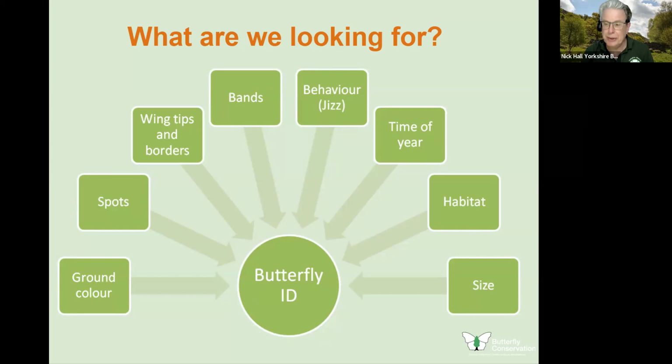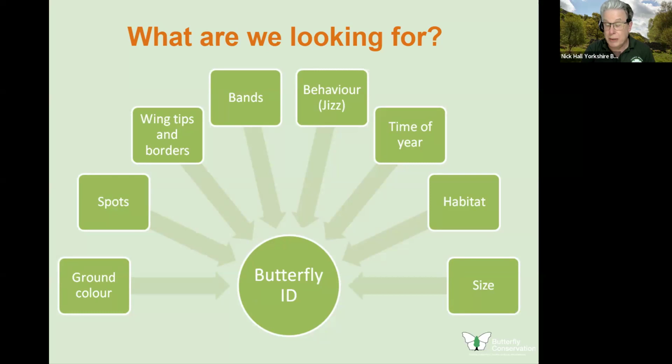The other thing we can use is spots. A lot of families have different arrangements of spots. For example, the brown species all have different arrangements of spots, and we can use those for determining species.